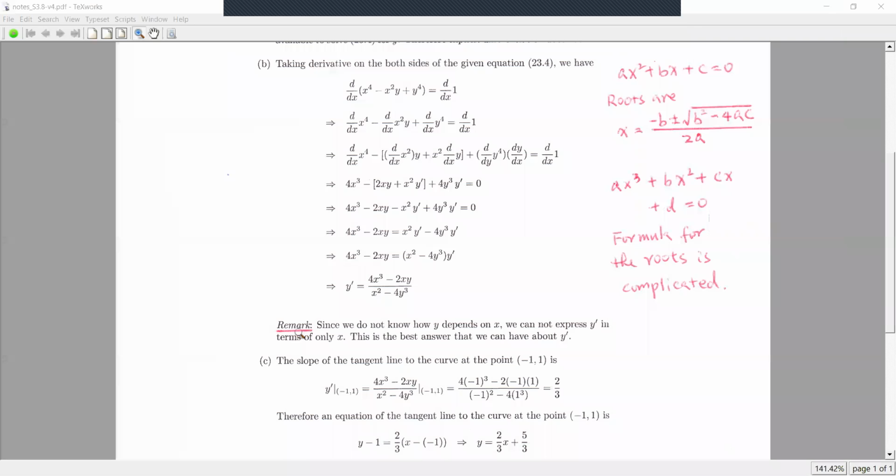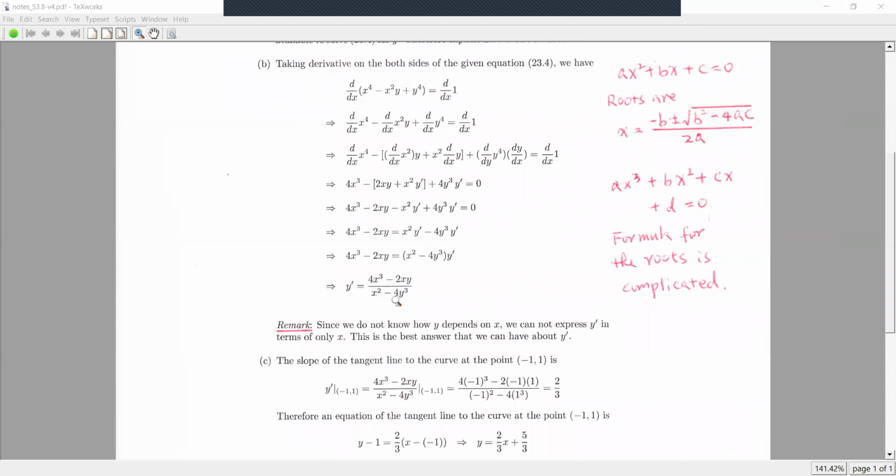Here is a remark about part B. The result of the derivative contains x and y. In this example, we cannot solve the given equation for y, so we don't know how y depends on x.